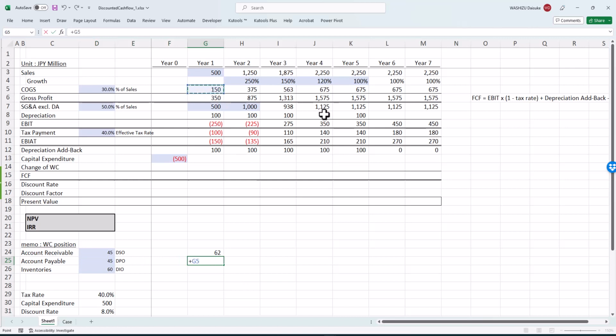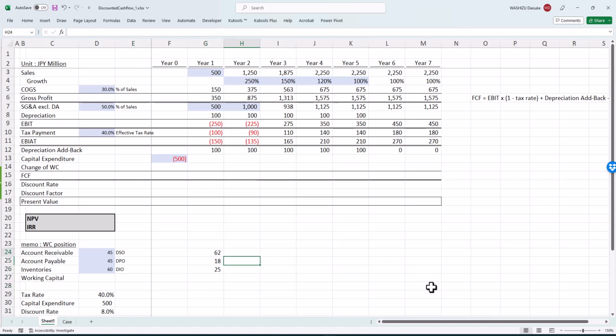So once I have the COGS divided by 365, we can get a daily COGS amount, and multiplying by 45 gives the amount of the account payable at the end of year 1. Same thing for inventory: the COGS divided by 365 gives a daily COGS amount, multiplying by 60 days, which is the value of the inventories at the end of year 1.